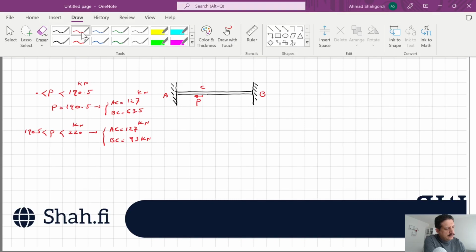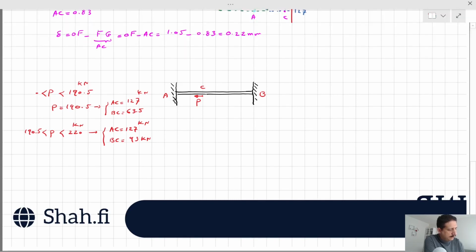And now we start reloading, from 220 kilonewton to P equals 0. So in this phase, there will be a residual force inside the elements, which is in tension.